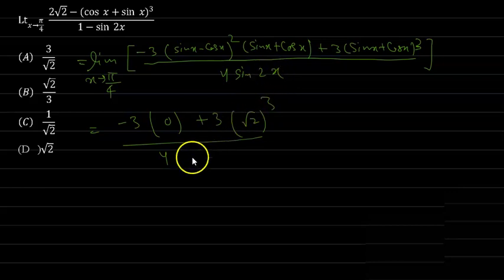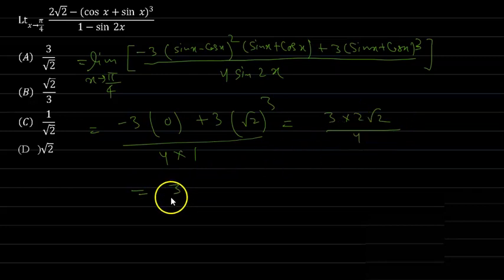The value of sin pi by 2 is 1. The value of root 2 cube is 2 root 2, divided by 4, is equal to 3 times 2 root 2 by 4, so 3 by 2 root 2.